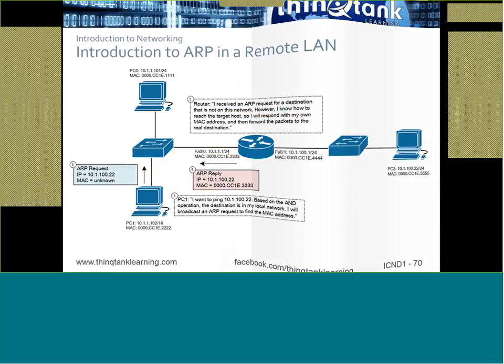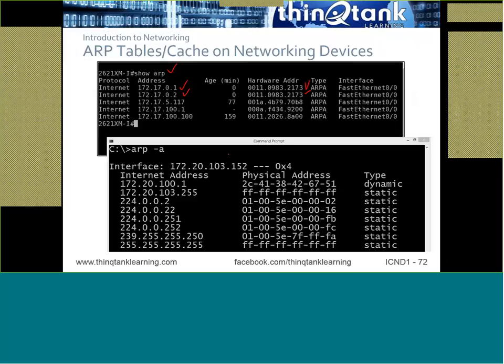Okay? But I know that the MAC address for Fast Ethernet 0/0 is 000A.F434.9200. And I know that the IP address on the Fast Ethernet interface is 100.1. How do I know that? Here's how. This dash. In a router, that dash means that it is a local address.